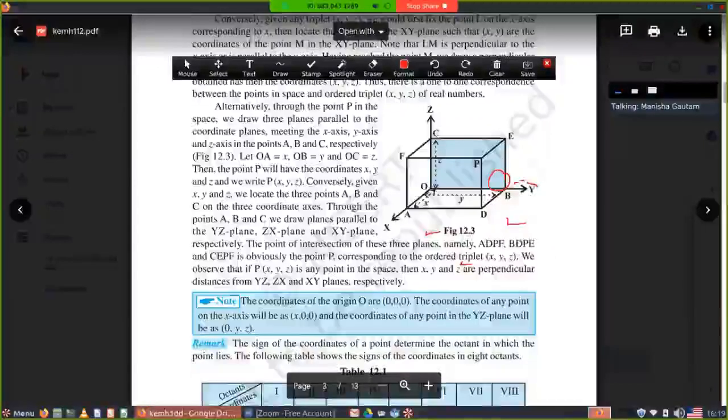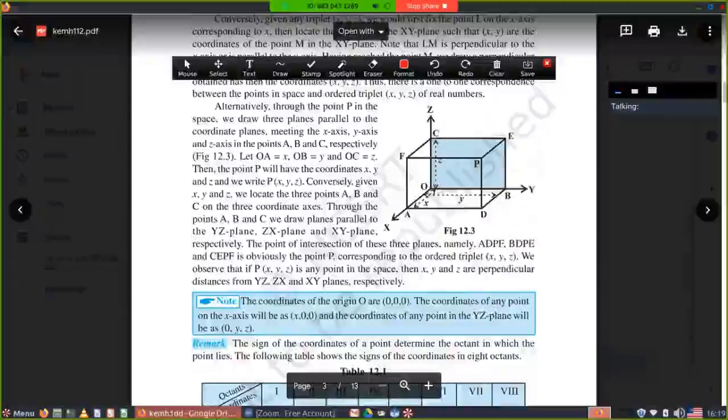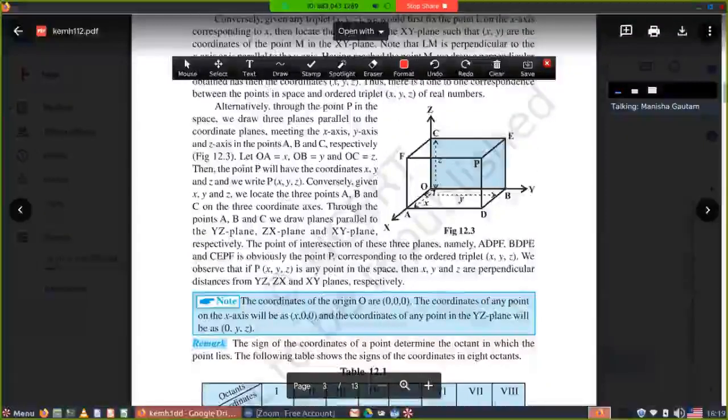Now you must know, read this theory very carefully. You have to read the theory. I just have to clear one thing to you. Recall class 10th.